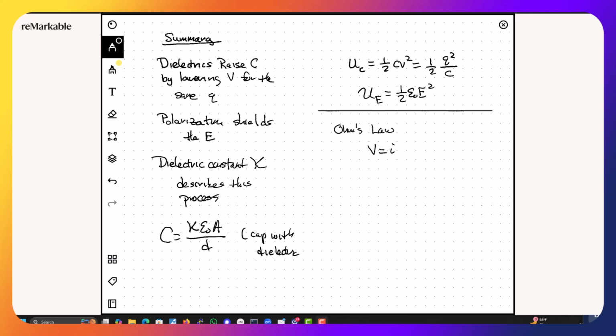Okay, so then we added resistors, and we talked about Ohm's law. V equals IR, R in ohms. And that's a nice linear relationship between voltage, current, and resistance. Okay. We have a symbol for a resistor.